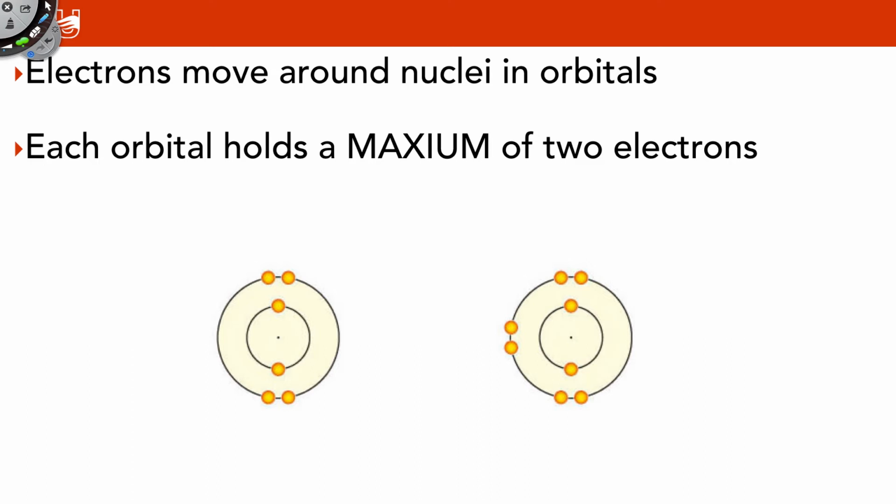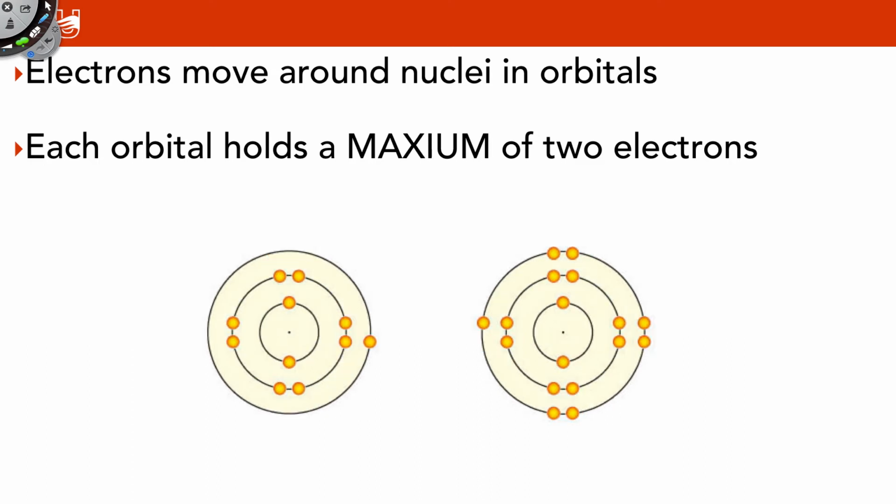Here we have a couple more models of atoms. The point is that every orbital carries only 2 electrons. Do you see how the authors have diagrammed it here, where we have 2 electrons here, 2 electrons here, 2 electrons here, 2 electrons here, here, and here.